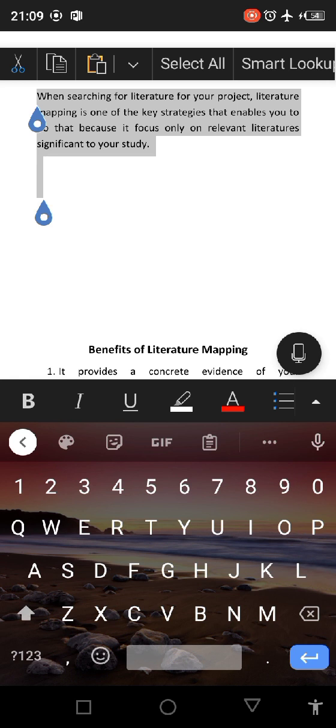It doesn't have business with you looking at different kinds of journal articles you see online. But the interest of literature mapping centers only on the literatures, the journal articles that are relevant to your work, that will enable you to write a quality research project.